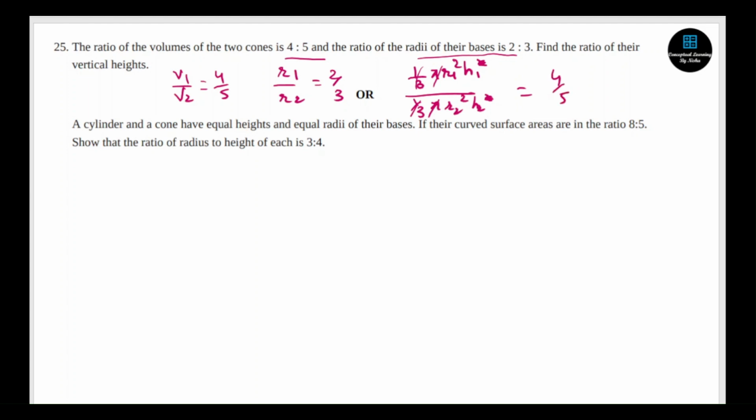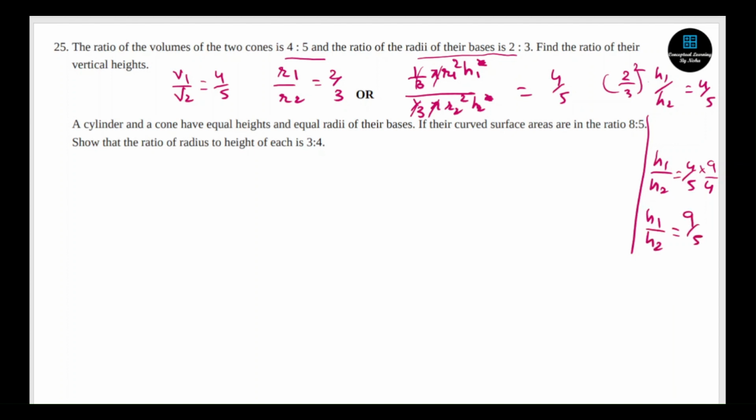Now R1 to R2 I have 2 upon 3. So I can say 2 upon 3 square into H1 upon H2 equals 4 upon 5. So H1 upon H2 is 4 upon 5 times the reciprocal of the square, which is 9 over 4. So H1 to H2 equals 9 over 5, right?